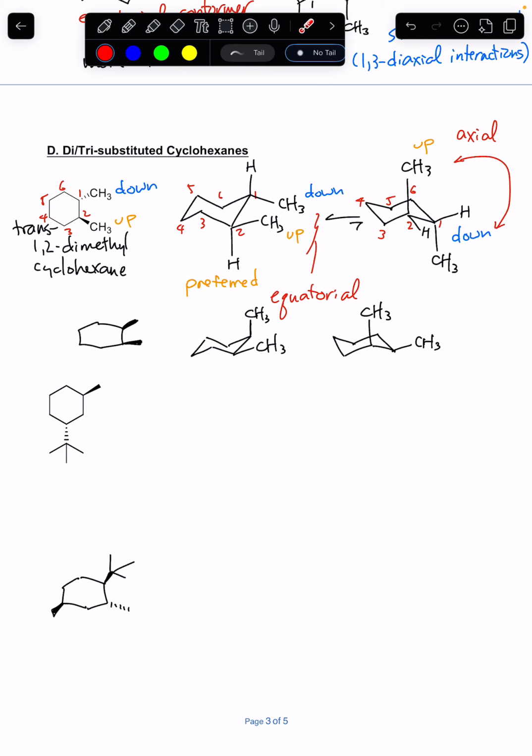And in this case, in both conformations, you have one methyl group axial and one methyl equatorial. And so for that reason, they would be equal in terms of energy. So there's no preference for that cis stereoisomer of 1,2-dimethylcyclohexane. Hopefully that makes sense.